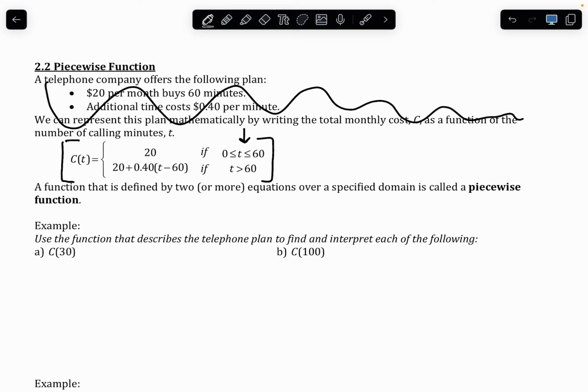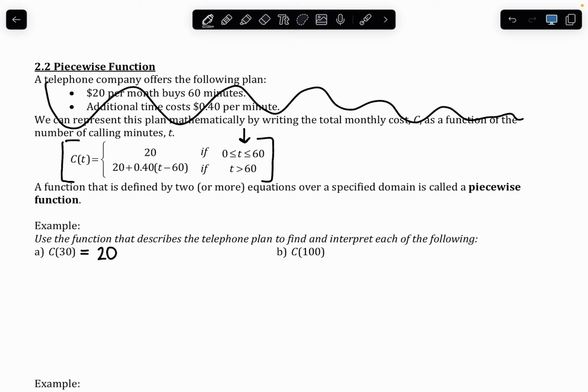So if I ask you to find c of 30, we want to ask: is 30 between 0 and 60, or is it greater than 60? Between. So since it's between, we go over to the left and plug in our value for t. But is there anything to plug into? No, so our answer is just 20.